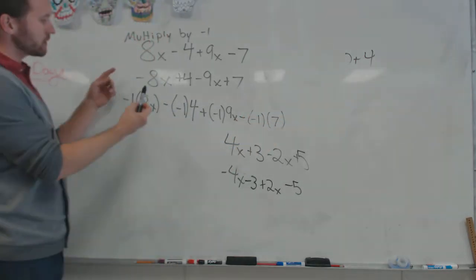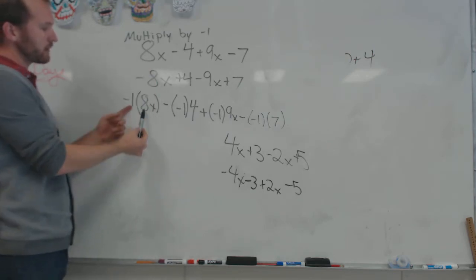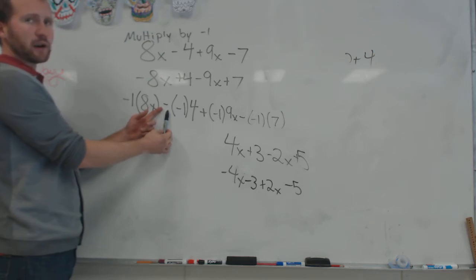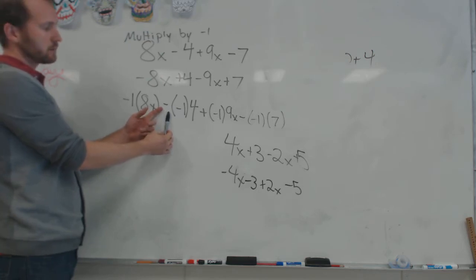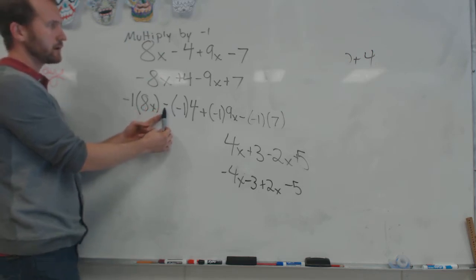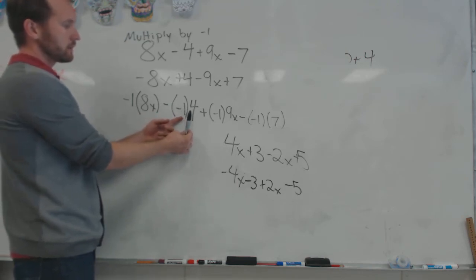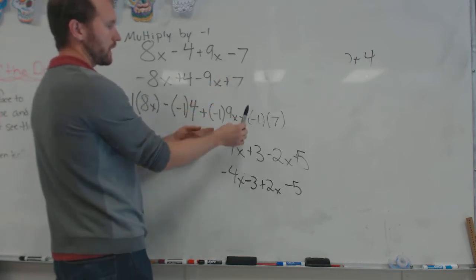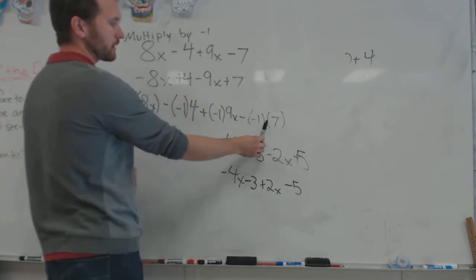So all I did was I took my -1 and I put it before each term, multiplied. I kept my minus sign out front. So I separated it from that term a little bit, but that's okay.